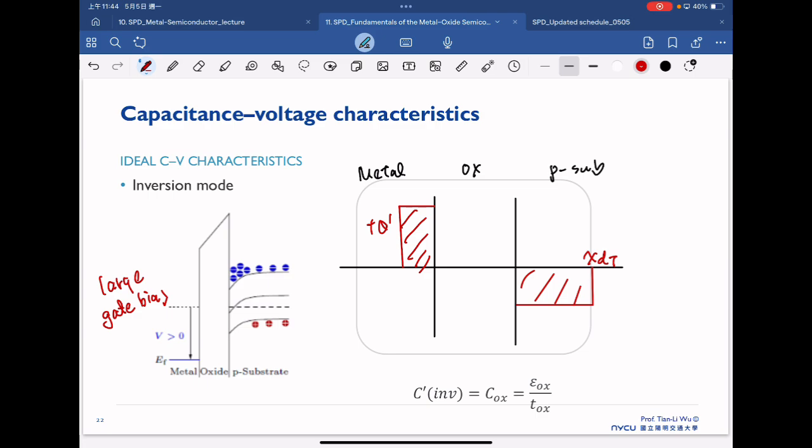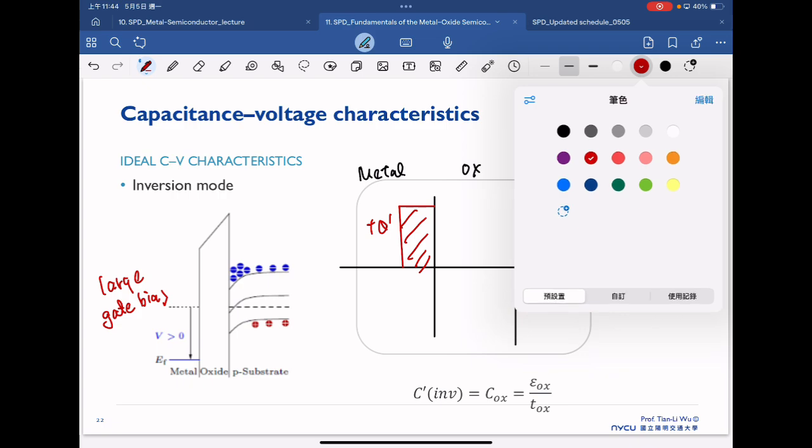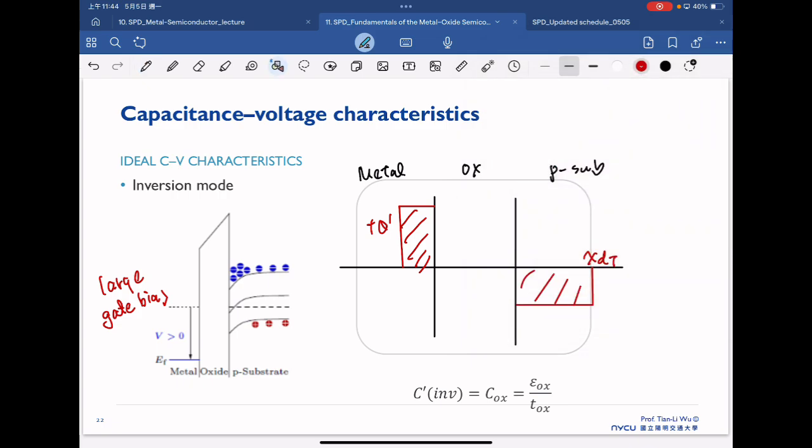So the further increase of the gate voltage will not reflect the extension of this depletion region anymore. However, right now, the further increase of our gate voltage will reflect on this surface charge, which is due to inversion electrons here.